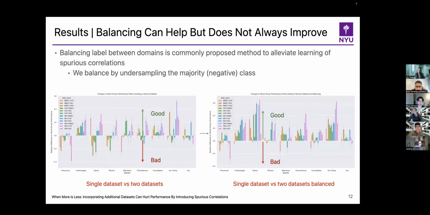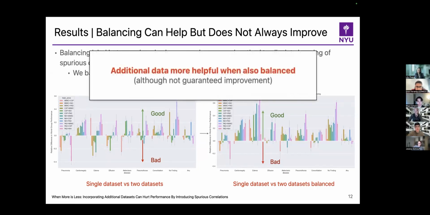And you can see, overall, it's a more positive trend. More often, adding this additional data is beneficial to performance, but it's not always a guaranteed improvement. So overall, the effect of this additional data is more helpful when the label prevalence has been balanced between the two data sets.